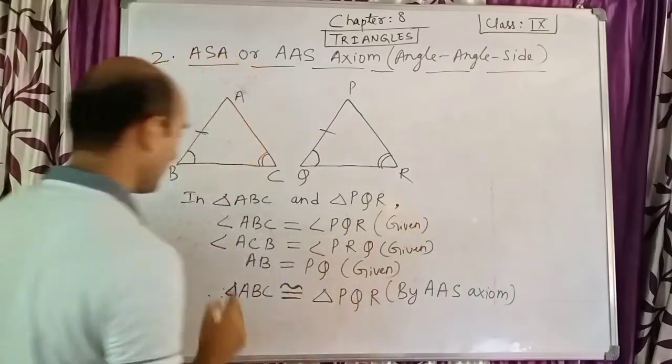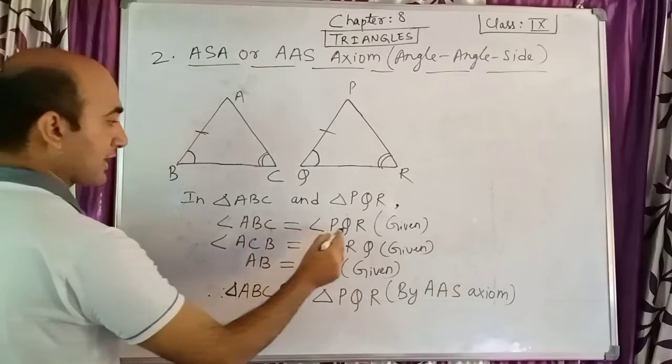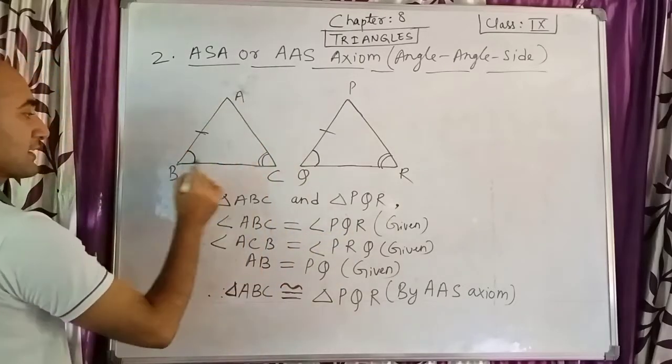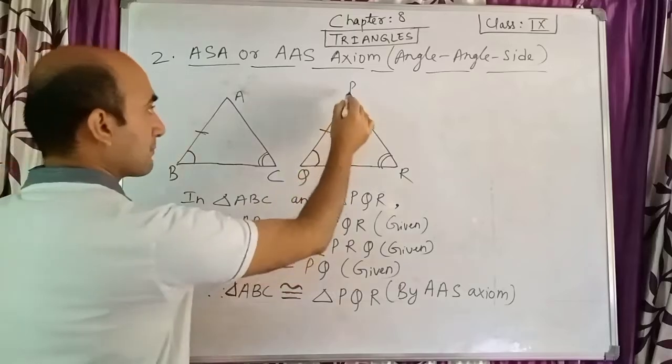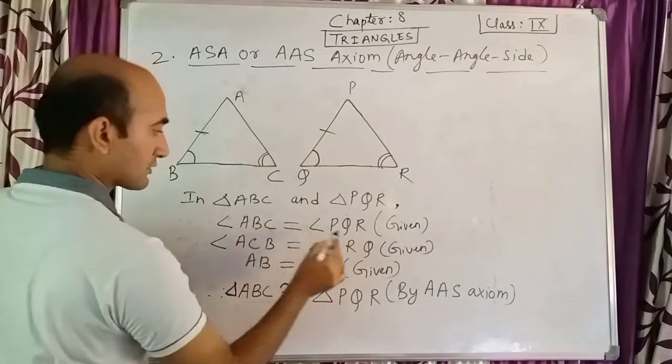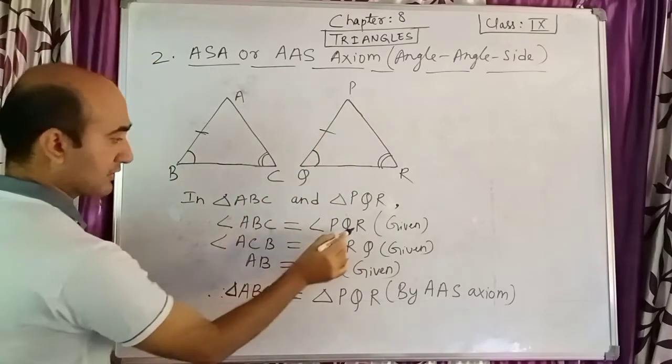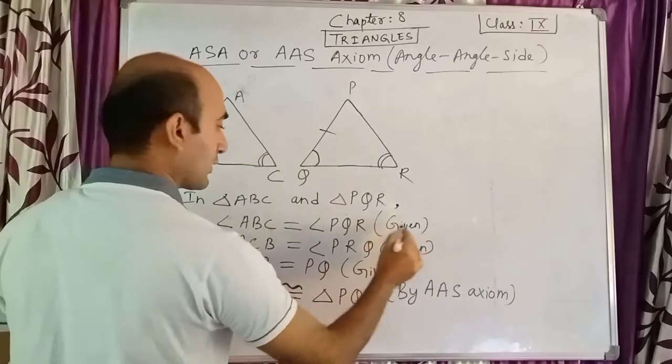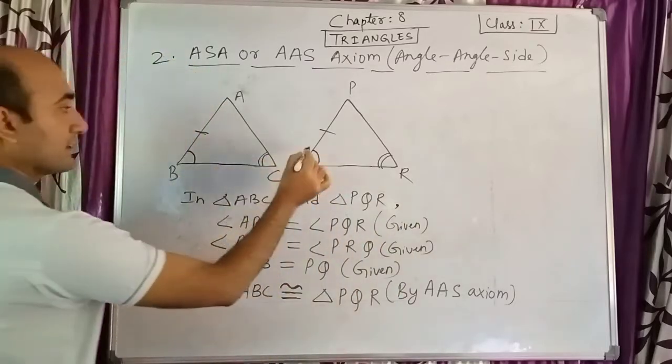In these two triangles, angle ABC is equal to angle PQR. ABC means angle B, and PQR means angle Q. The middle one we take, B and Q. Both are equal, it is given. You can see a single mark is there.